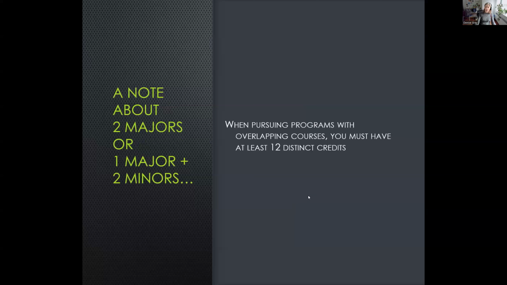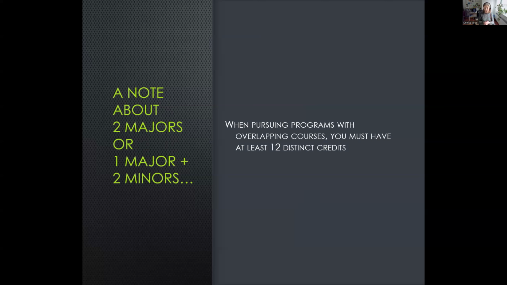Okay, so a quick note about 2 majors or major and 2 minors. If you're pursuing programs that have shared courses, so courses that are required by both, you have to ensure that you have at least 12 distinct credits. You can use those courses in 2 ways.